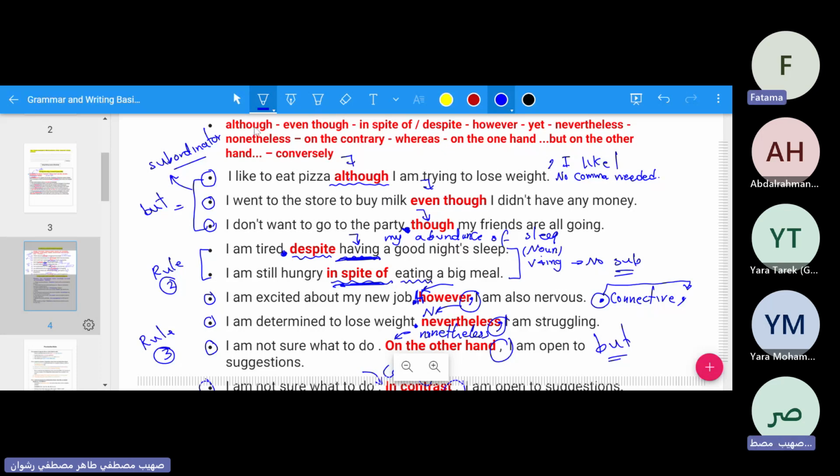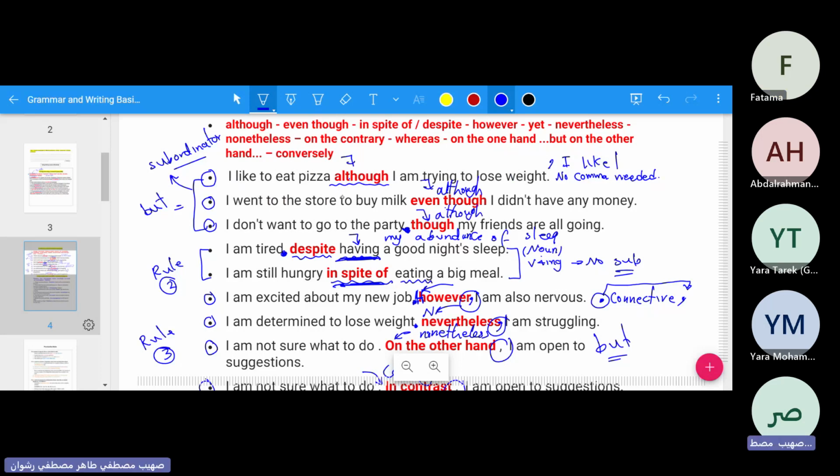Okay, there is no problem with using them. Regular sentence, I like to eat pizza, although I'm trying to lose weight. And I went to the store to buy milk, even though, also the same meaning as although. Okay, there is no punctuation needed here, and the word though as well, the same meaning as although.